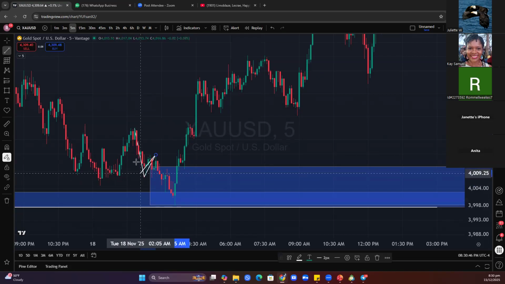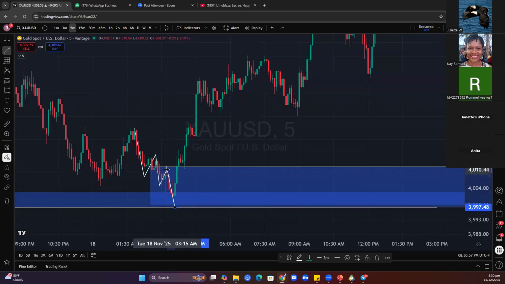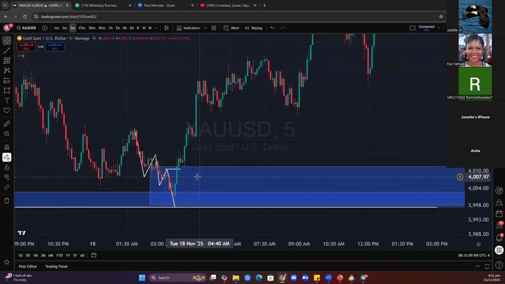The market trades down, trades back up, it trades down, it trades back up, it trades down. Okay, you see that? So what we want to see is as price starts to shift, we want to see price break this area right here.